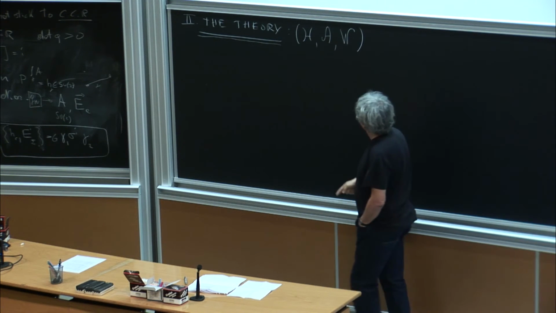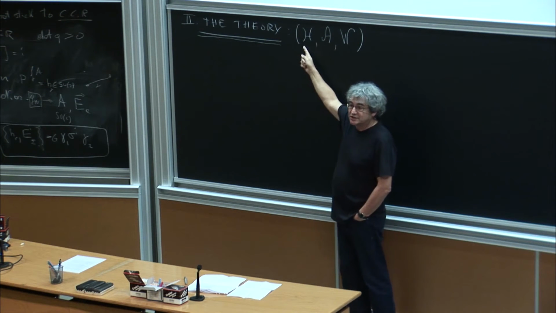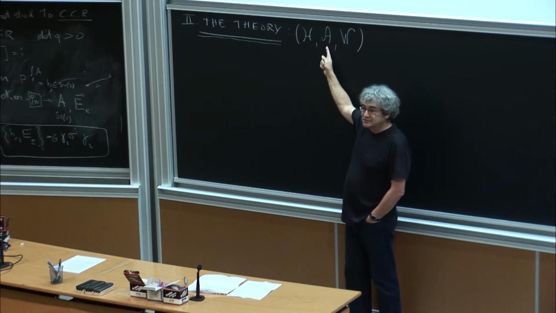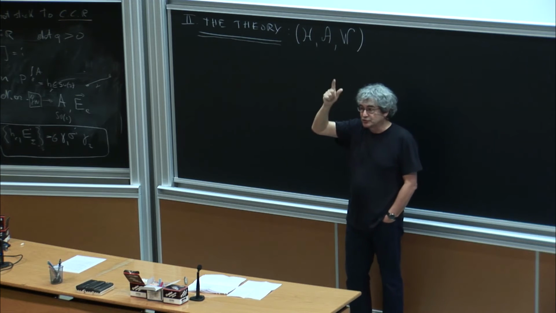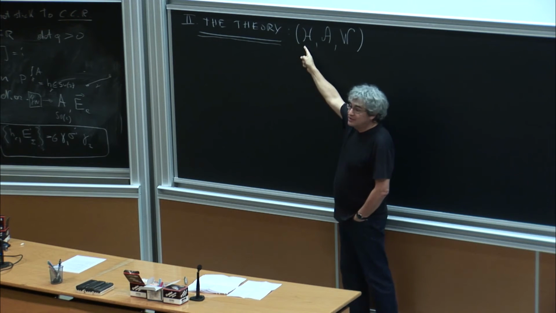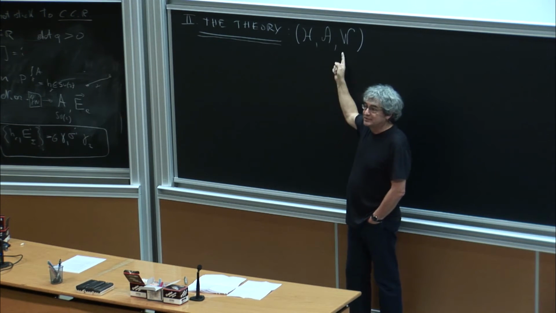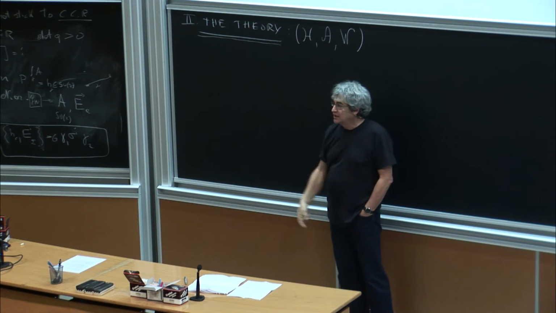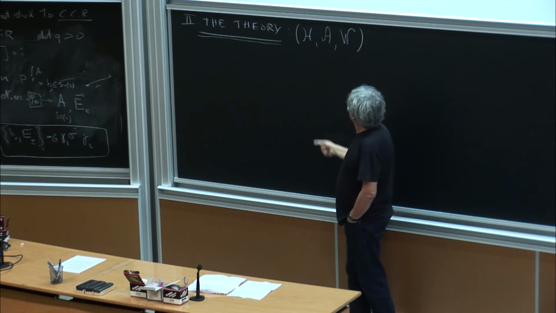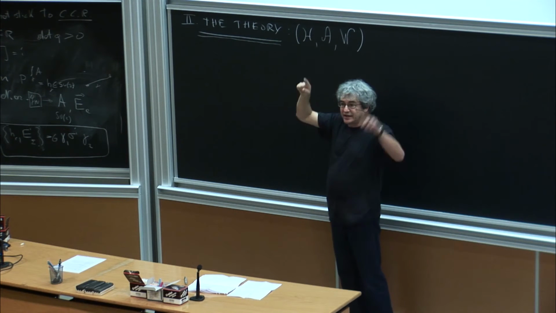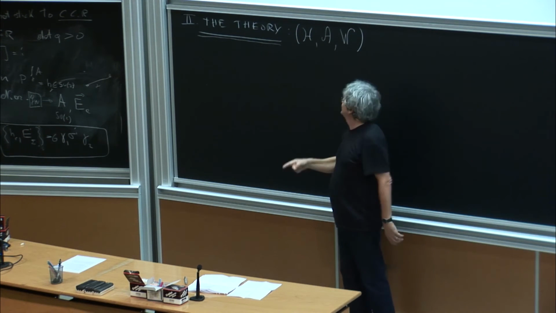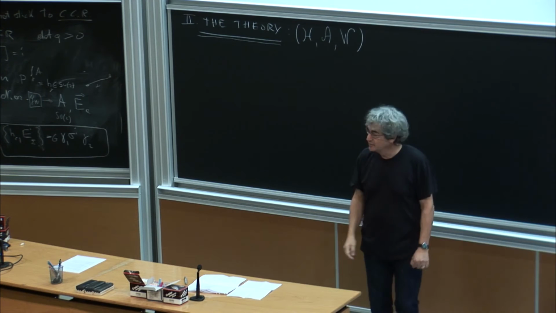If you want, for a particle: L2 of R, P and Q operators, and the Hamiltonian. For QED: Fock space, creation annihilation operators, and Feynman rules. Or for lattice QCD: the L2 of group variables on a lattice, and so on.